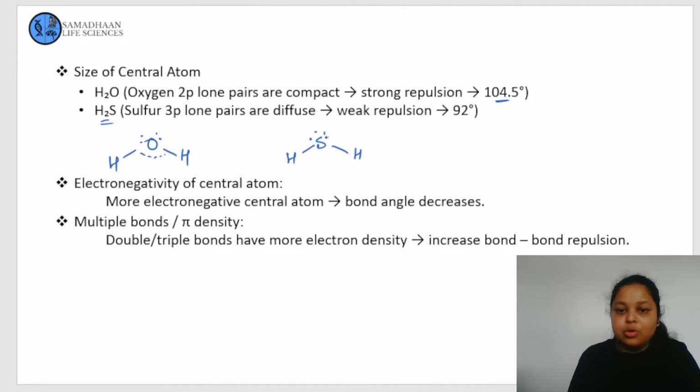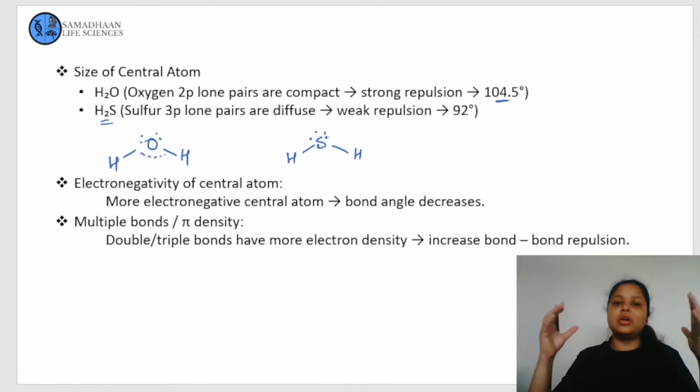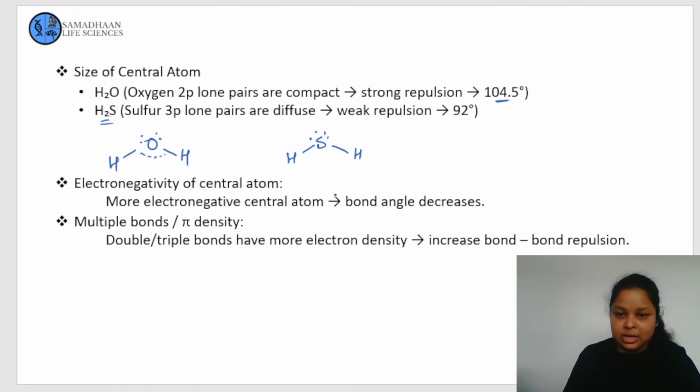So the lone pairs in sulfur are more diffused. So they push the sulfur hydrogen bonds closer to each other and the bond angle becomes lesser, 92 degree.